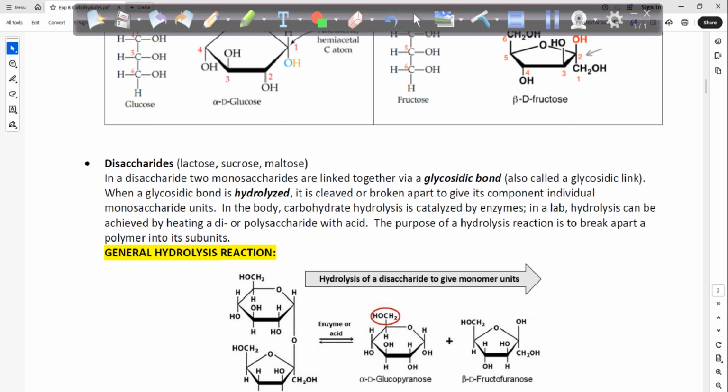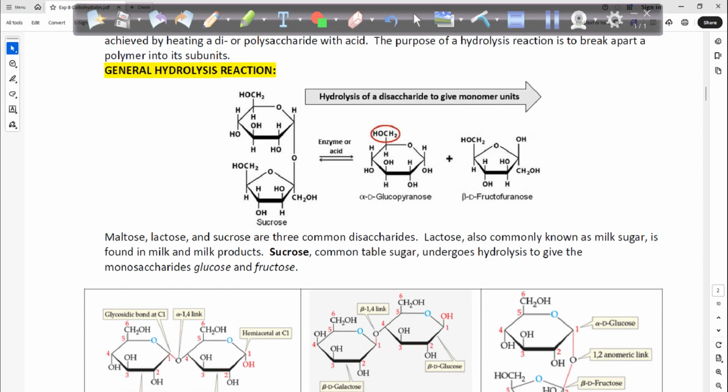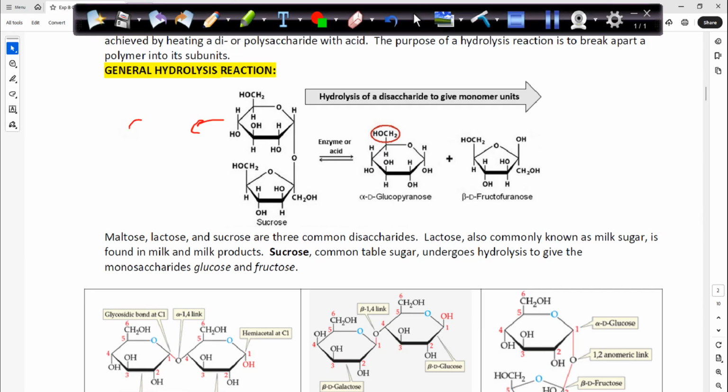So now we have the disaccharide. Disaccharides include the kitchen sugar called sucrose. Sucrose is made of a combination of glucose and fructose. So this is a glucose, and this is fructose.